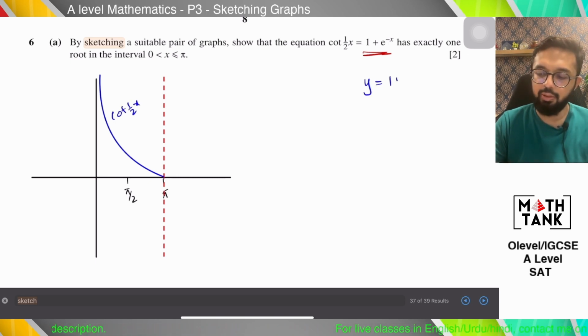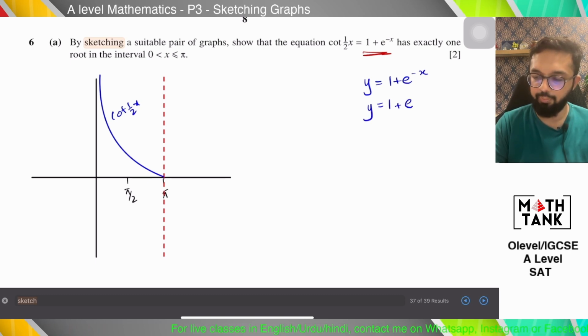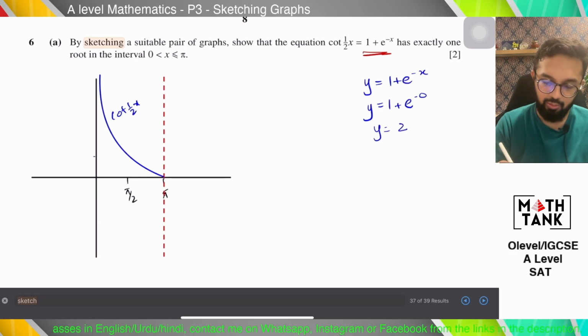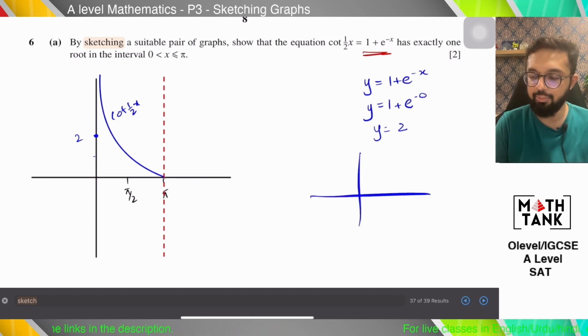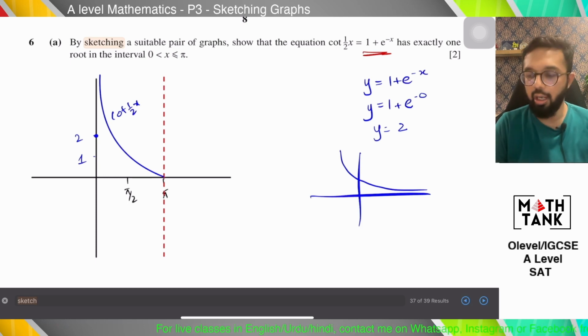Then I have 1 plus e power minus x. First, I need to find out what my y-intercept is. So that comes out as 2. This is going to mark 2 here. Now, where is my graph going? It's minus x, so it needs to come down somewhere. Typically, it has an asymptote at 0. But now that asymptote should also have moved, and it should have moved to 1 because this graph has been transformed to 1.